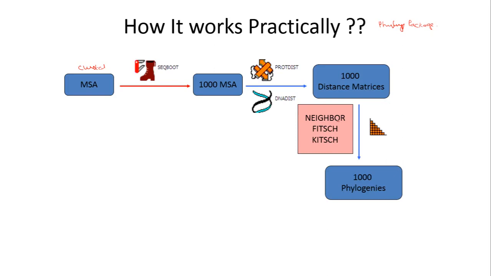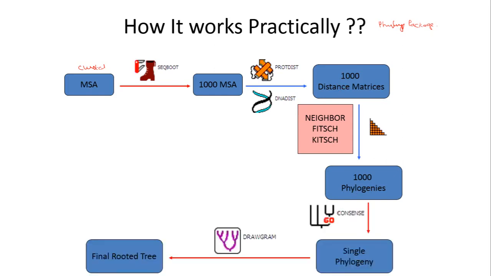Okay, so using these clustering algorithms that implement either the neighbor joining algorithm or UPGMA, you might end up creating 1,000 phylogenies from 1,000 distance matrices. So once you end up with 1,000 phylogenies, you can use another computer program called consense, which is part of this Phylip package, and generate a single phylogeny.